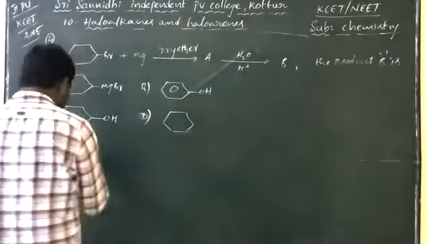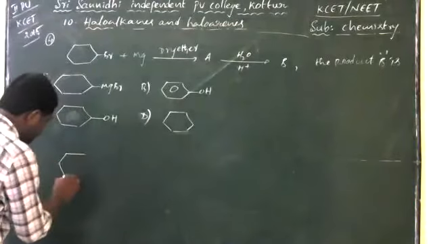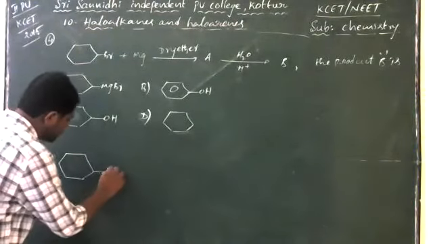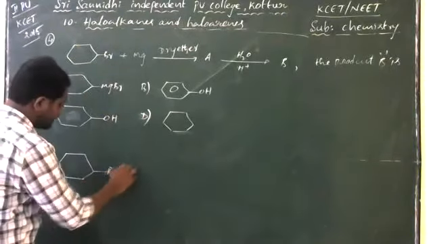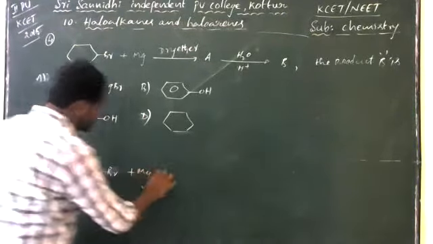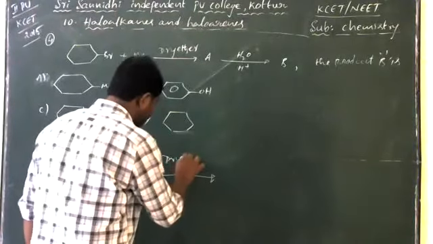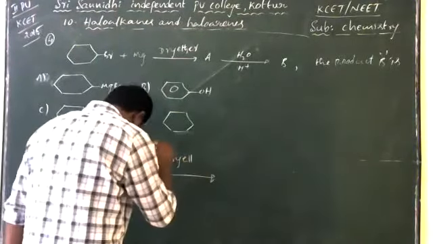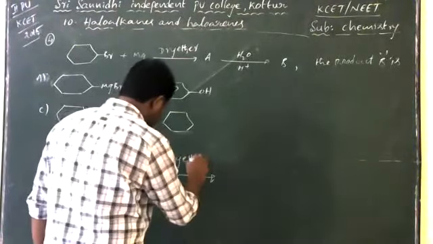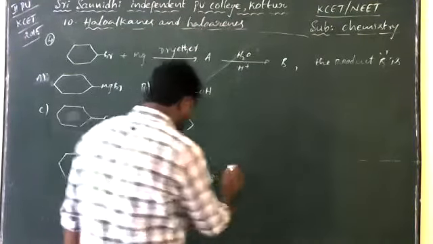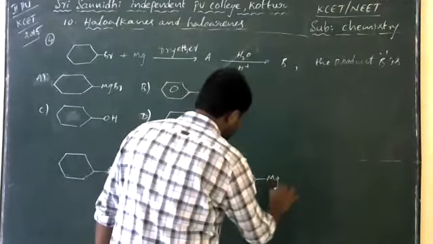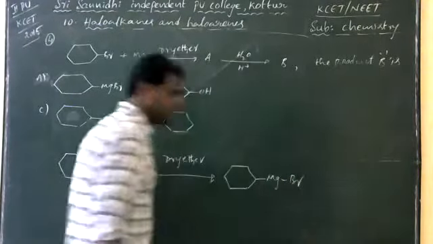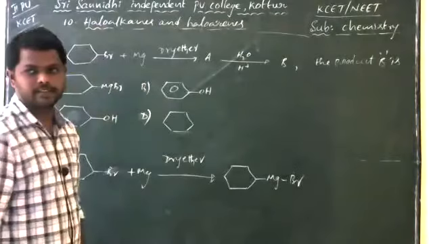According to this question, bromocyclohexane plus Mg in the presence of dry ether forms a carbon-metal bond, MgBr, which is called the Grignard reagent.